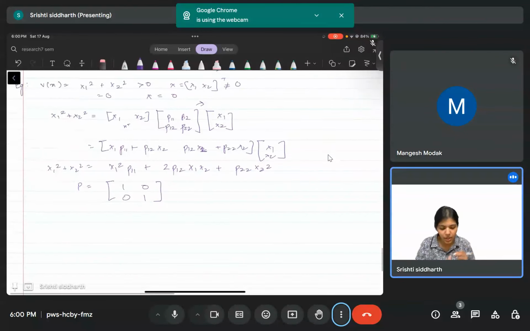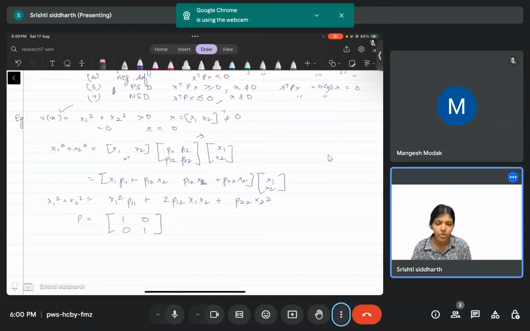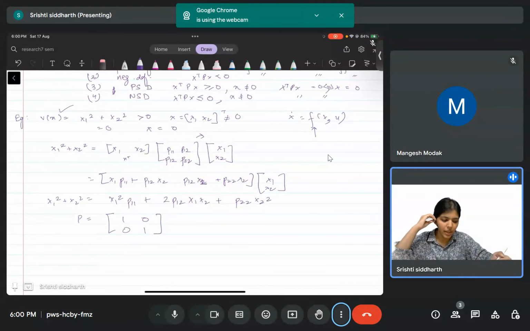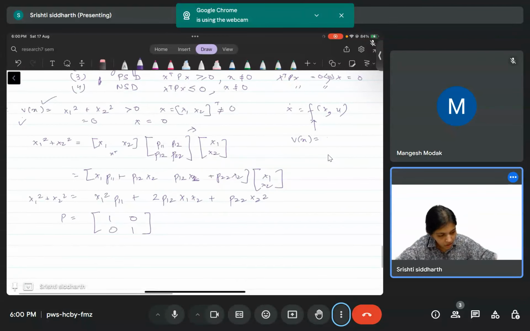So this is the simplest example of a Lyapunov function. Given, for example, some nonlinear function, so this function f is nonlinear, we want to determine its stability. So we will do it via the Lyapunov function approach, and one of the easiest Lyapunov functions to consider is norm x squared.